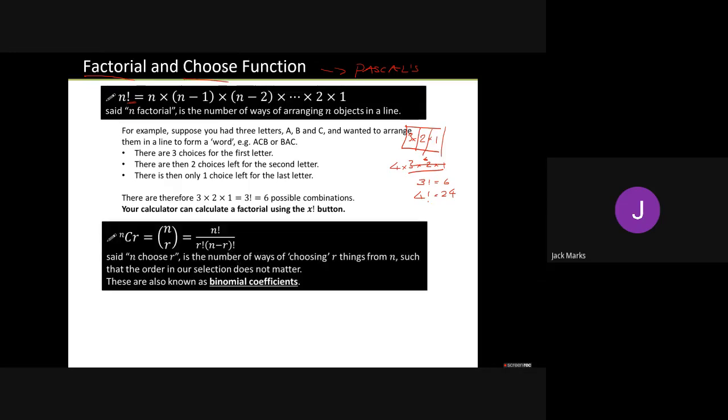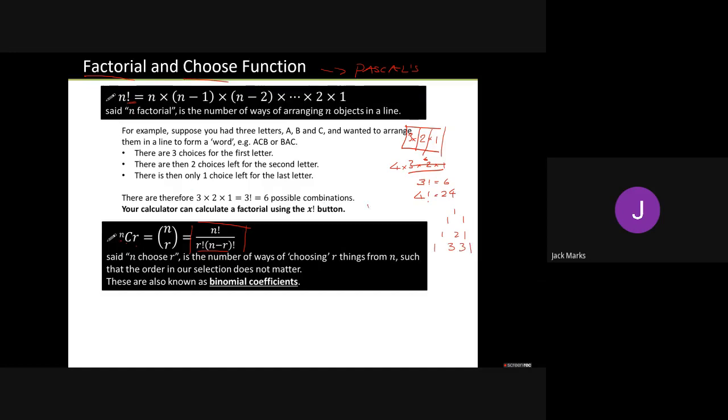The choose function is what you're actually going to use directly on your calculator most of the time to get your numbers from Pascal's triangle. So we say n choose r. I think you have to press shift on your calculator and you'll see a C, not a P, but a C. Behind the scenes it's doing a calculation that uses factorial.